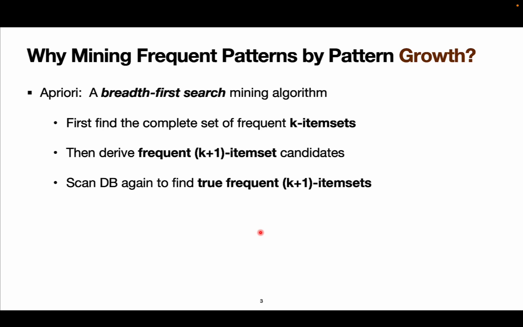Apriori, in essence, is a breadth-first search mining method that starts with a set of frequent K item sets, then expanded to frequent K+1 item set candidates, which involves database scans and pruning to get the true frequent K+1 item sets.